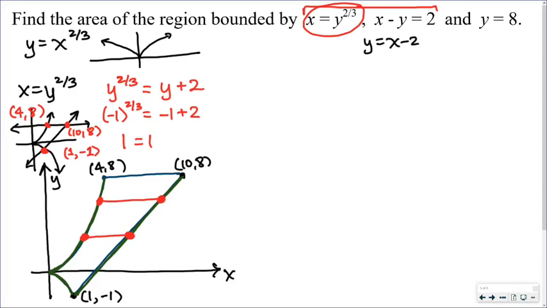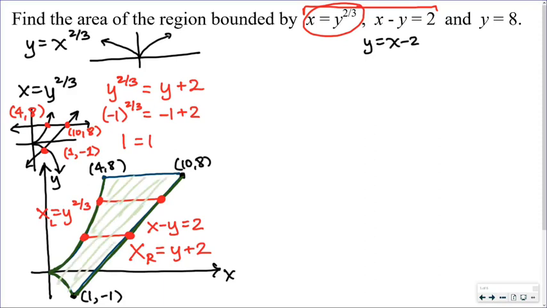Every slice starts on x minus y equals 2 and ends on x equals y to the 2/3. So I'm starting on my right x value, which is y plus 2, and I'm ending on my left x value, which is y to the 2/3. If you try and slice vertically, you're going to wind up with 3 different integrals. Very cumbersome.